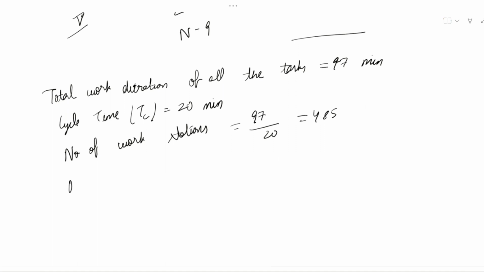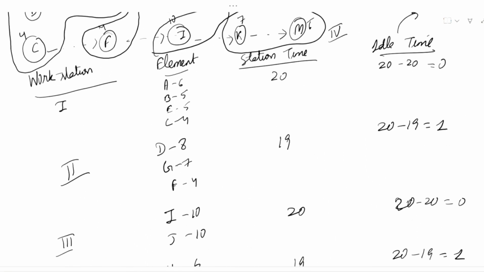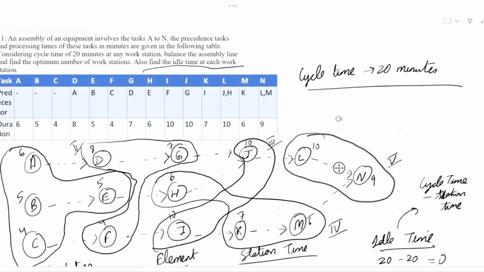So the optimal number of workstations is equal to 5. This is the method in which we find out the workstations. So we found the idle time at each workstation, the optimum number of workstations, and we balanced the assembly line. Okay. Now the next question.